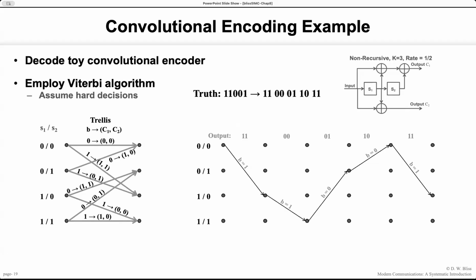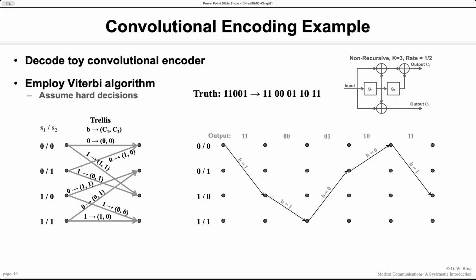All right. So if all goes well and there were no errors, the receiver would identify that the sequence was 1, 1, 0, 0, 0, 1, 1, 0, 1, 1. And if there were no errors, it could just follow that back and figure out what the right bits were. The problem is, the receiver doesn't know that there were no errors.